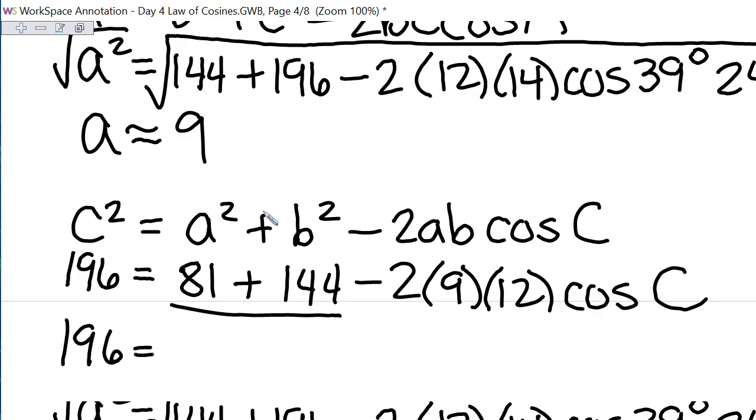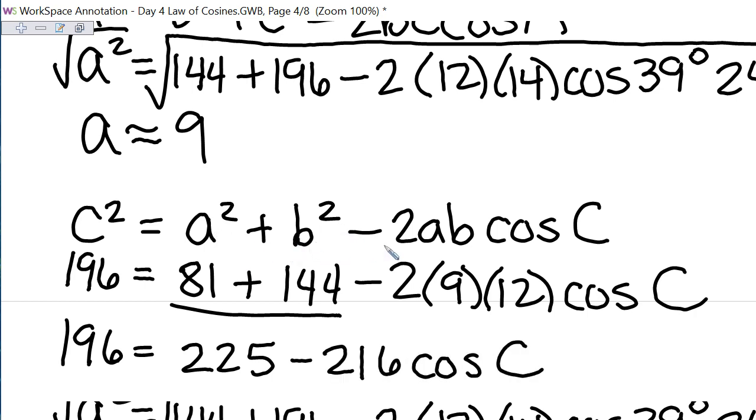Combine our like terms, which is 81 plus 144. 225. Multiply these three. What's negative 18 times 12? Negative 216. Cosine of angle C.